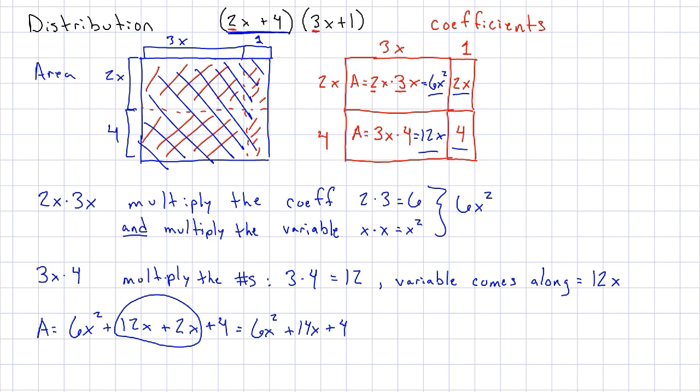Now, a word of caution. If you write on your problem at school that this is equal to area, it's going to confuse your teacher if you don't explain to them, if you don't draw the picture. So be clear that when we're solving a problem like this, the correct way of writing the final answer is going to be 2x plus 4 times 3x plus 1 is equal to 6x squared plus 14x plus 4.